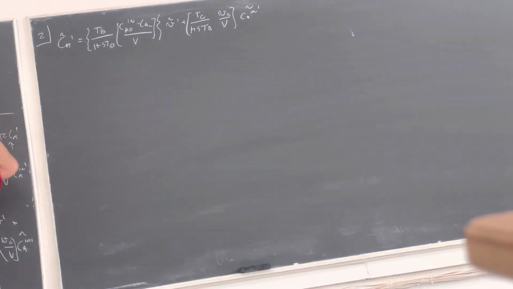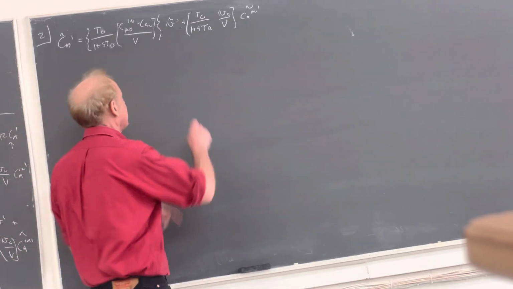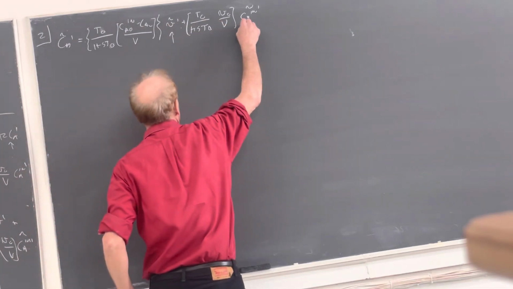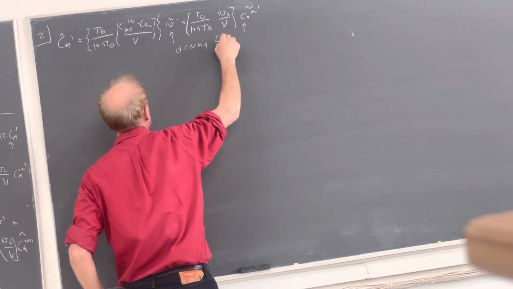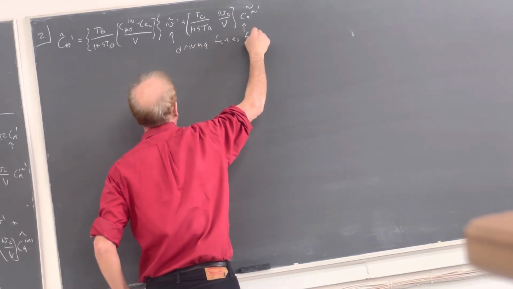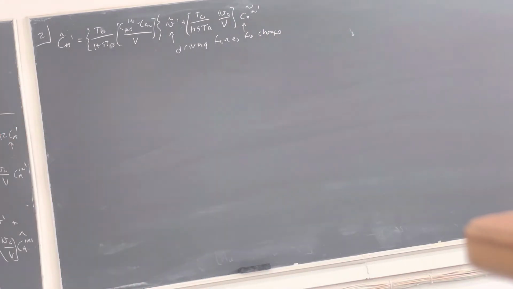The reason I write it this way is you can see that on the right I have the two driving forces for change. By hypothesis, there was a change in V and a change in CA in. It's the V prime and CA in prime.